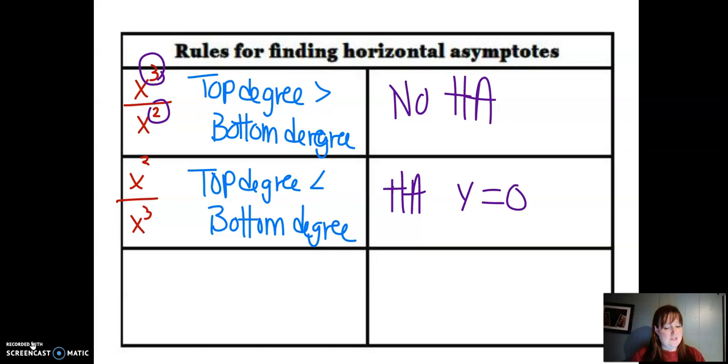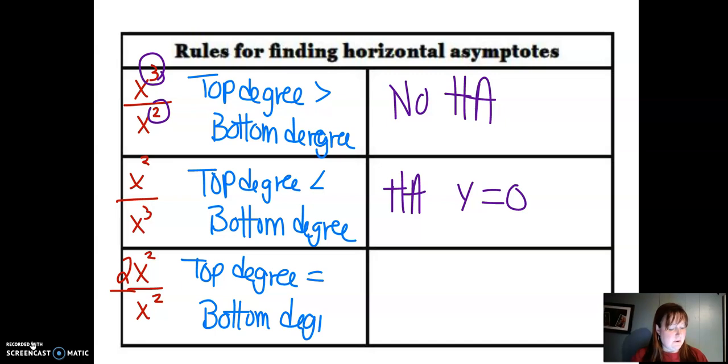And finally, if the top degree is equal to the bottom degree, say we have something like this, what's happening is they're growing at the same speed, so the top is growing at the same speed as the bottom as we put in huge numbers. And so we end up with a horizontal asymptote at a specific number.